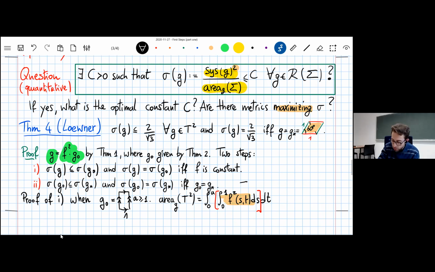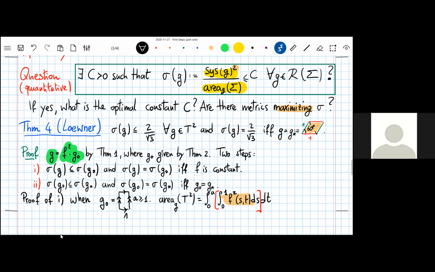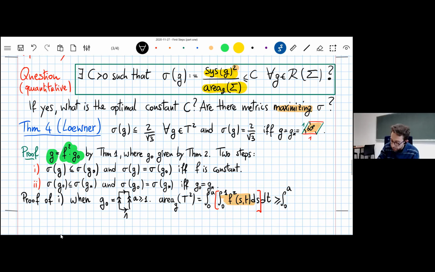So this will be bigger or equal than the integral from 0 to a, of the integral between 0 and 1 of f(s,t) ds, squared, dt. Now what we have inside the integral is the length of the curve at height t.